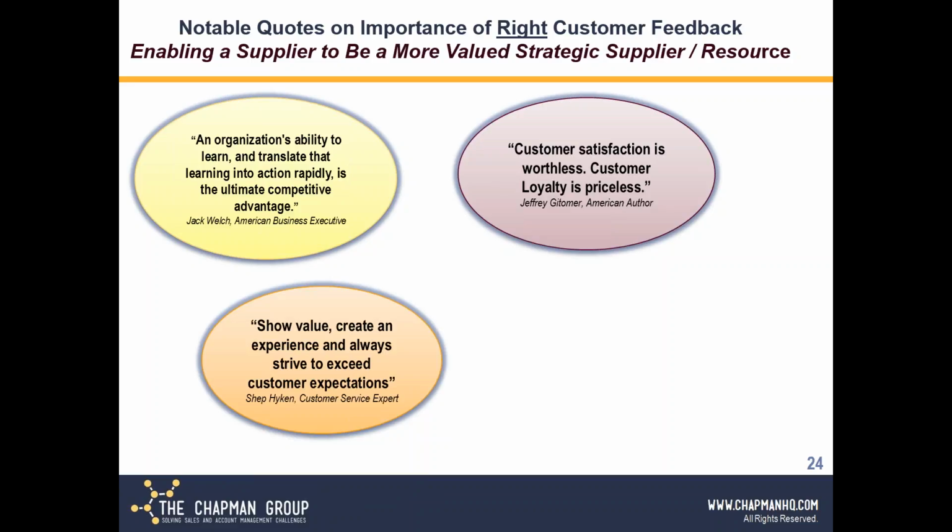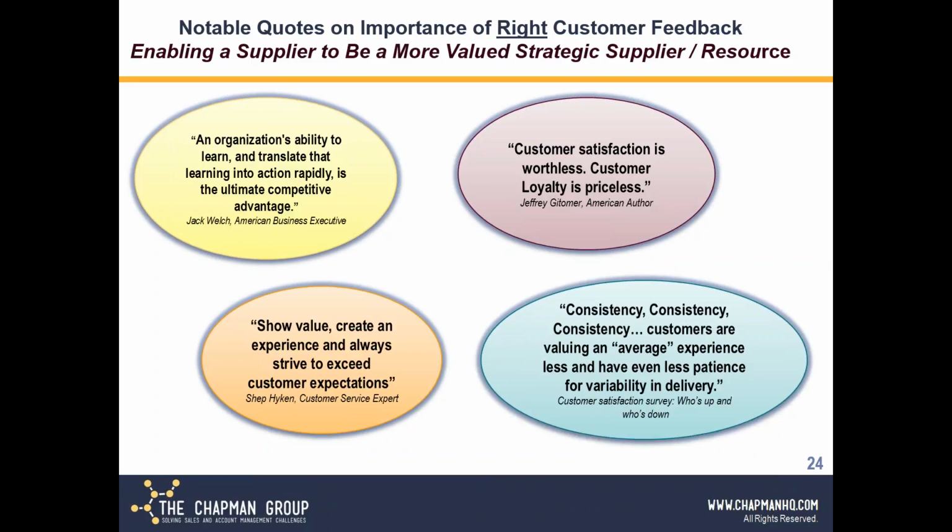Show value, create an experience, and always strive to exceed customer expectations. Feedback, communicated, and access to the C-suite helps set expectations and how you're doing against everyone in your customer organization's expectations. And consistency, consistency, consistency. Customers are valuing an average experience less.